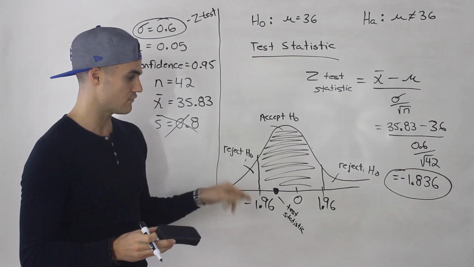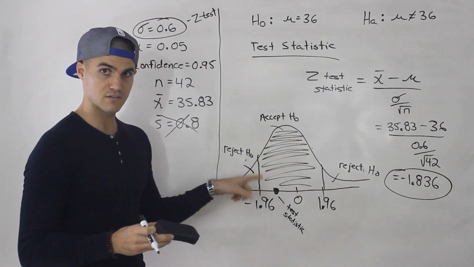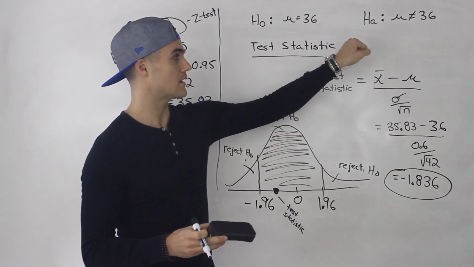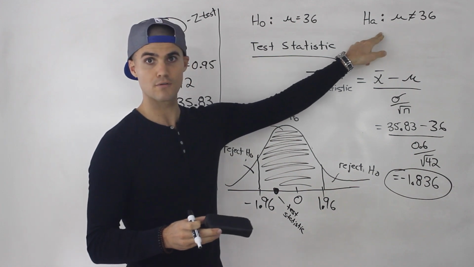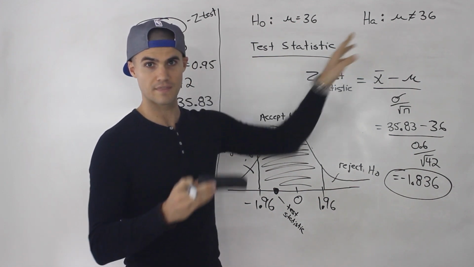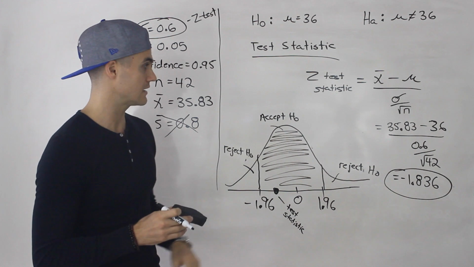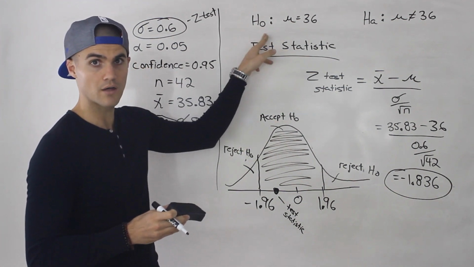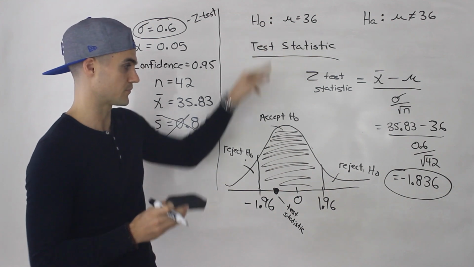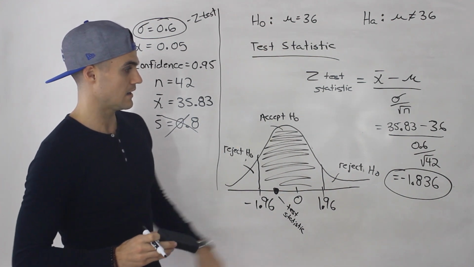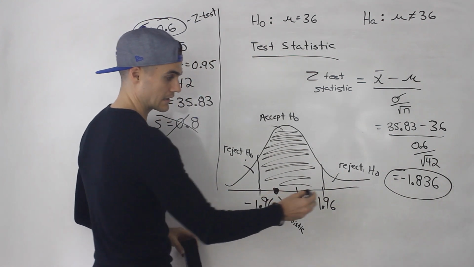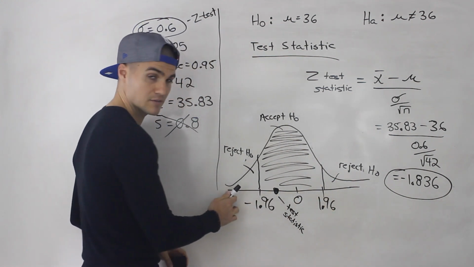So there's not enough evidence that the bottles in the factory have something other than 36 grams of sugar, that there is a difference. And so we would continue to accept this null hypothesis as true, right? We don't reject it.